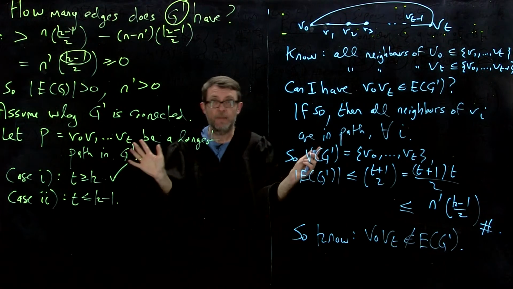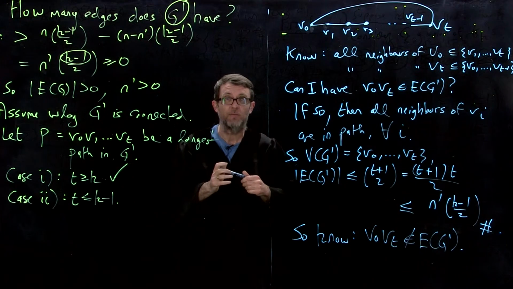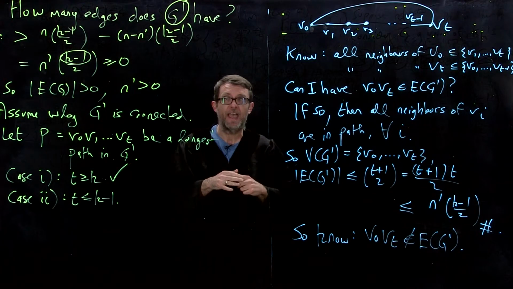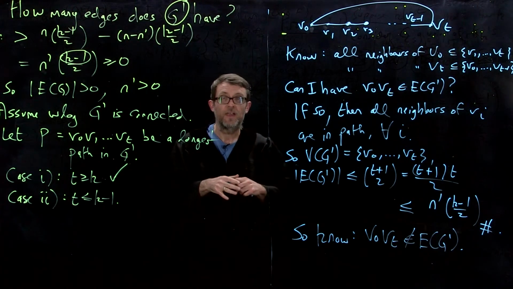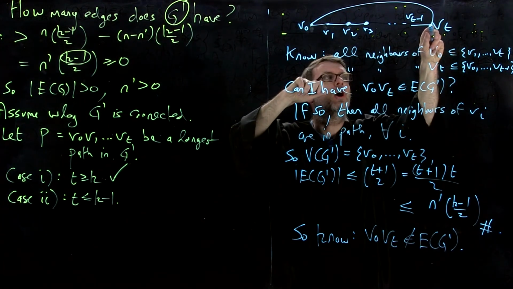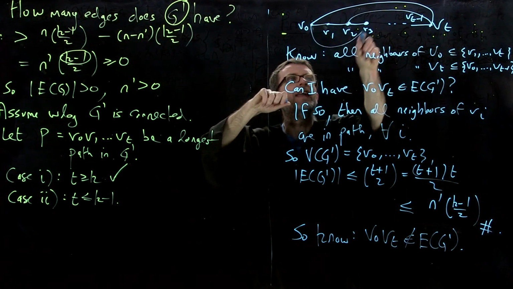And time has run out. So I'll pick up on this at the very beginning of next time on Monday. I will use a pigeonhole argument to show that I'm going to be able to find a neighbor of vt which is one below a neighbor of v0.